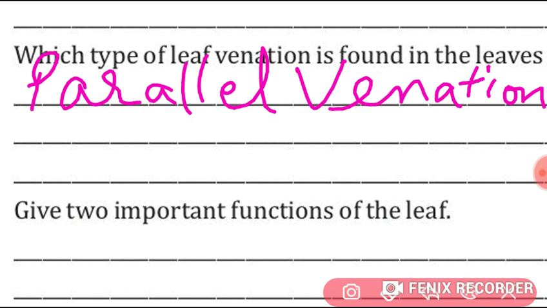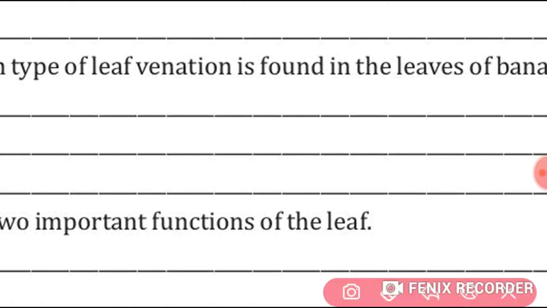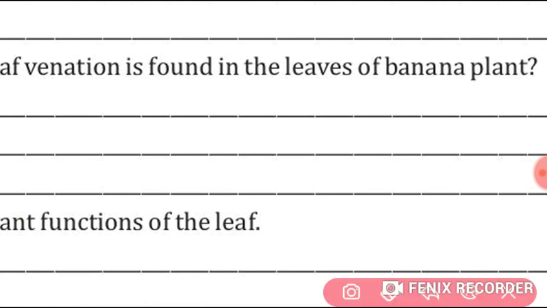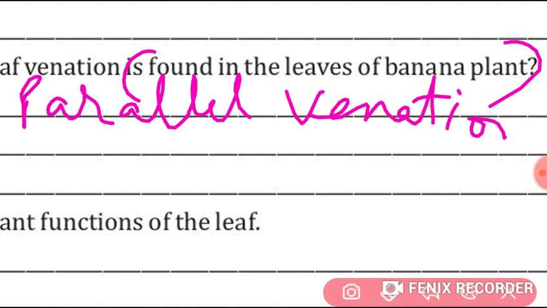Then from the question you will write, is found in the leaves of banana plant. So how you will write? Parallel venation is found in the leaves of banana plant.